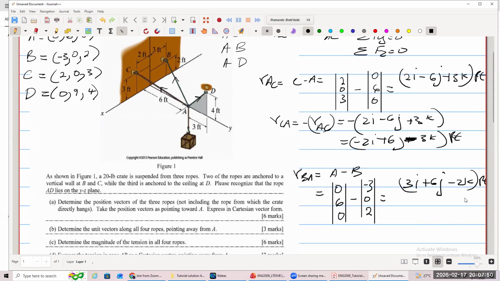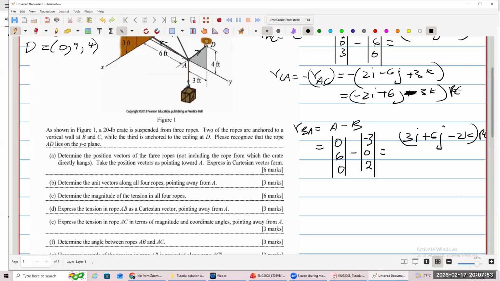All right. What is the next rope they want? DA. DA is going to be A minus D. So this is A: 0, 6, 0, and D is 0, 9, 4.